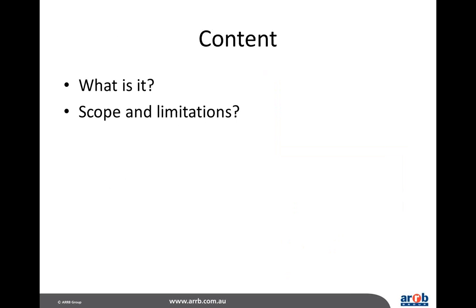Okay, so what do we aim to achieve with this webinar? What I've set out is that we'd like to give you an overview of this transport demand model. In other words, we'd like to tell you exactly what is a transport model, or the four-step transport demand model, and also some idea in terms of what it can and what it cannot do.